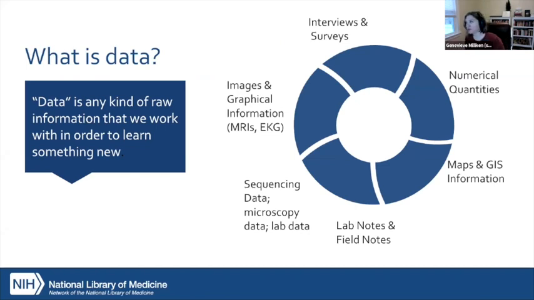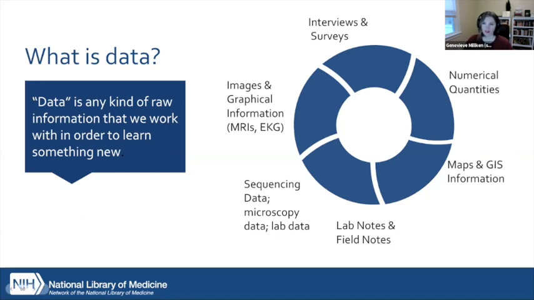So potentially you're working with somebody that's using spatial data or shape files, what have you, as well as lab notebooks and field notebooks, and other types of data related to the medical field or basic science, so sequencing data, microscopy, any type of lab data, as well as medical imaging or graphical information. So just two examples might be MRI data or EKGs.